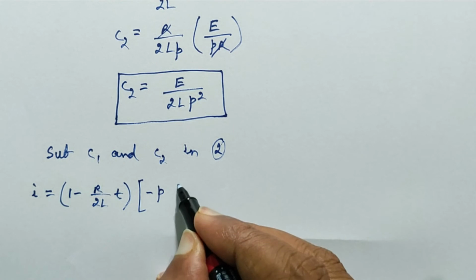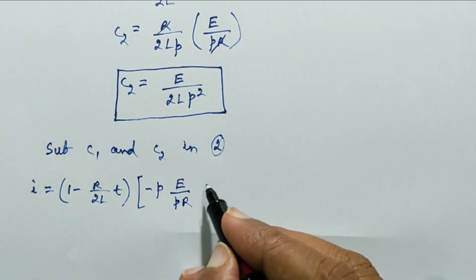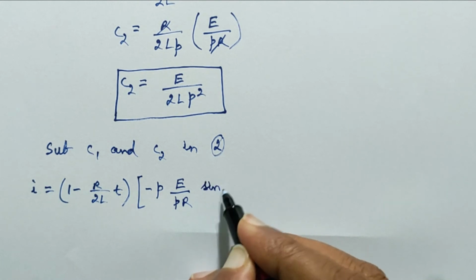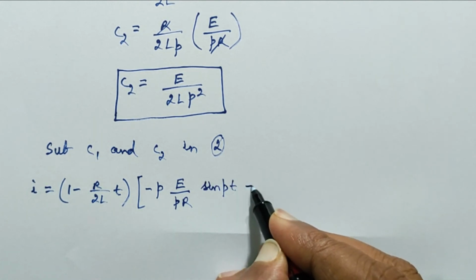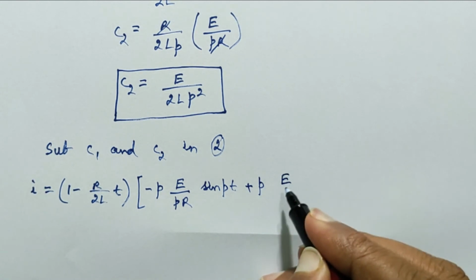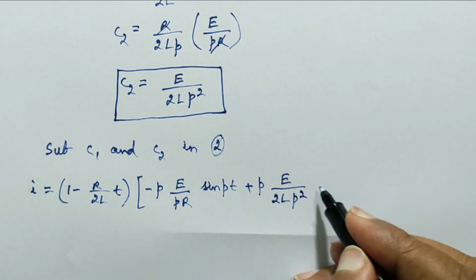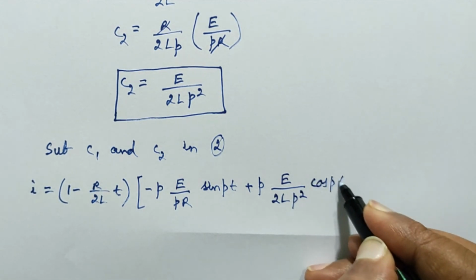So C1 value is E by P times R into sine of PT plus P times C2. So C2 value will be E by 2L P square into cos of PT.